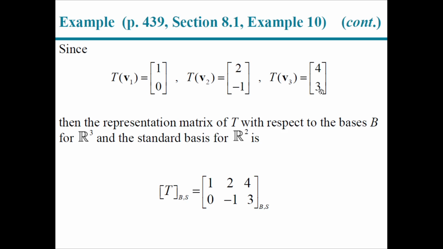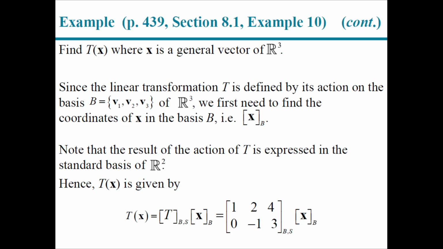These are the true vectors of R2, but their components are also their coordinates in the standard basis. So it's super easy. We just plug them into the columns of the matrix, and this is our representation matrix of the linear transformation T relative to the basis B for inputs and the standard basis for outputs. Super easy, straightforward. It did not cost us anything to do.